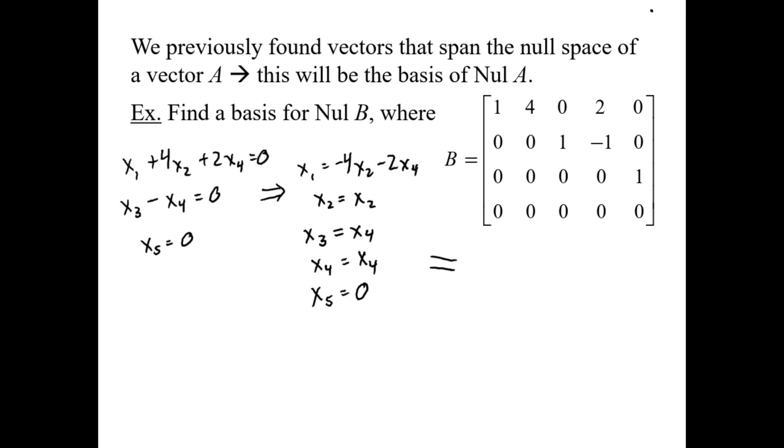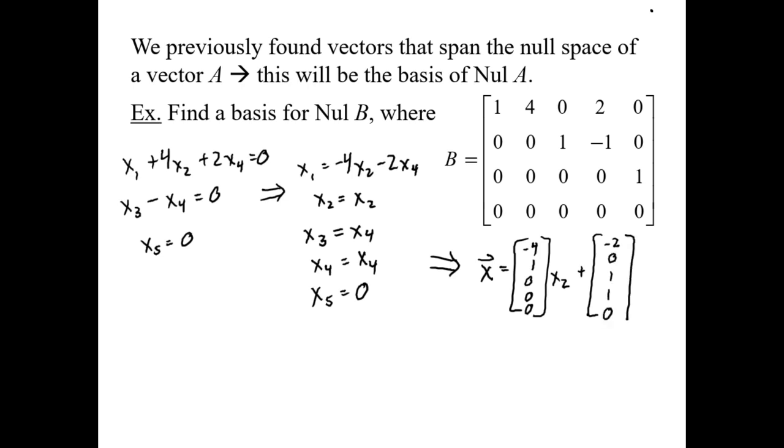So this means that all of our solutions can be written as negative 4, 1, 0, 0, 0 times x2, plus negative 2, 0, 1, 1, 0 times x4.